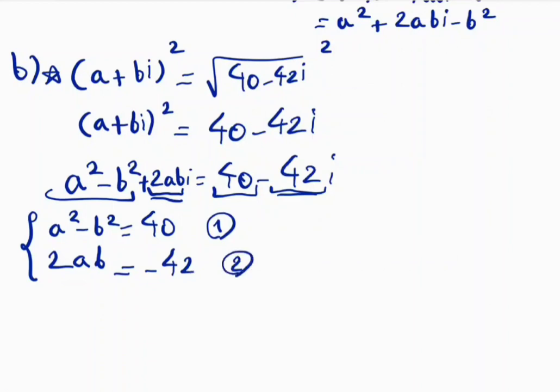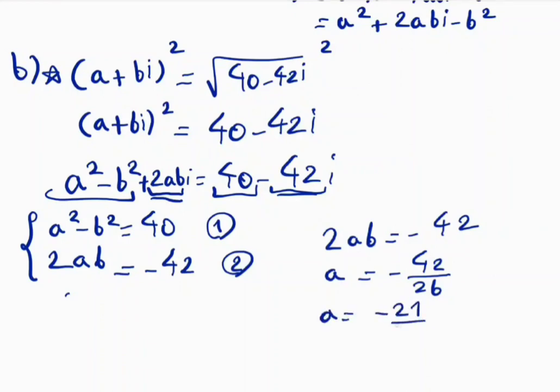The best thing is to start from equation 2 to get one of the values, and I'm going to find the value of a. So we have 2ab equal to minus 42, and let's divide both sides by 2b. So we have minus 42 divided by 2b, which is minus 21 over b.